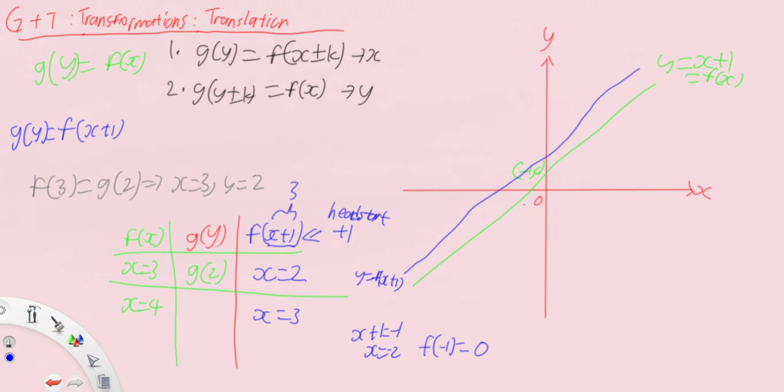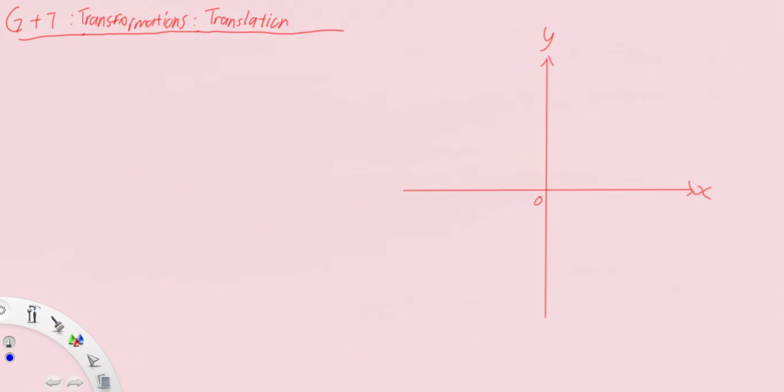Therefore, the translation for the x-axis is quite simple. It is given as the opposite direction of our addition of our constant.